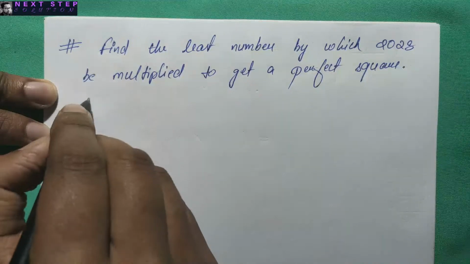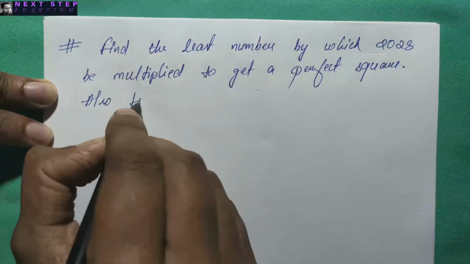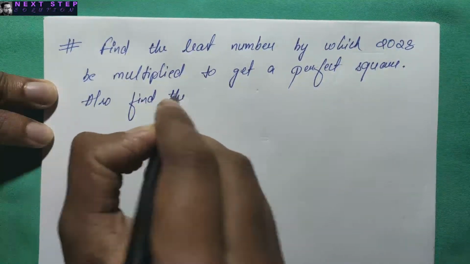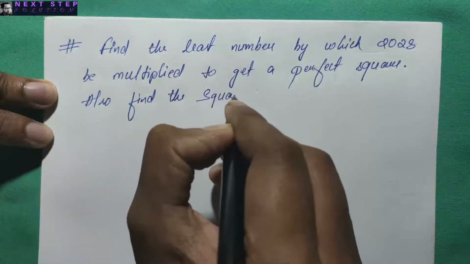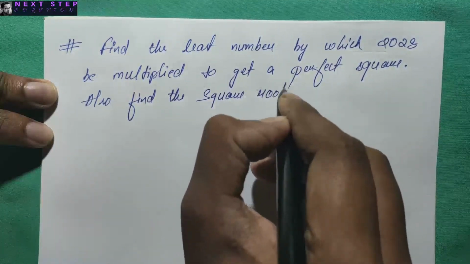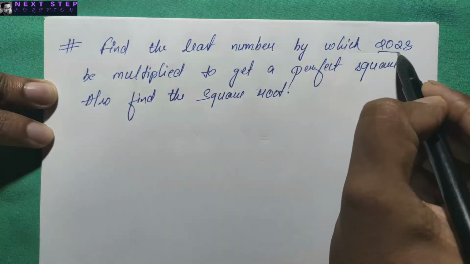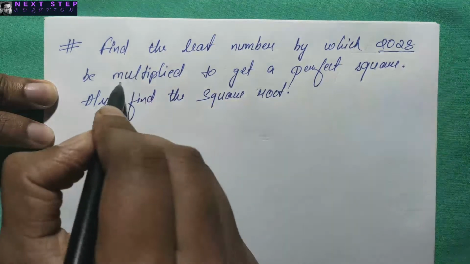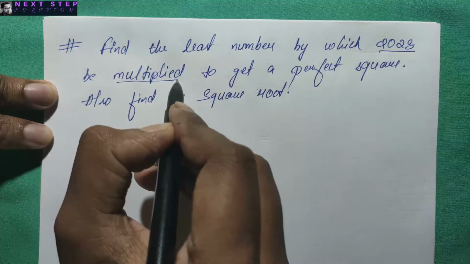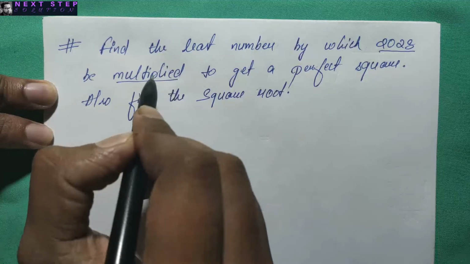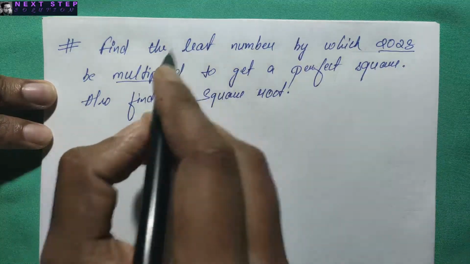Also find the square root. The number given here is 2028, and we have to multiply something to it. Whenever it says multiplied or divided, we are going to follow the prime factorization method.